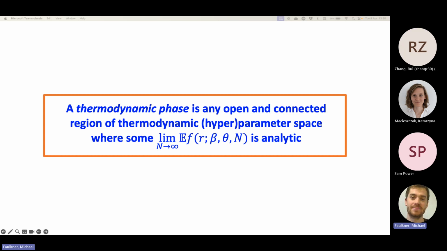The large N limit is the limit of a large number of particles, and we call this the thermodynamic limit. If you take the thermodynamic limit of some expectation, and there is any open and connected region of thermodynamic parameter space where this function is analytic, then that is defined as a thermodynamic phase.